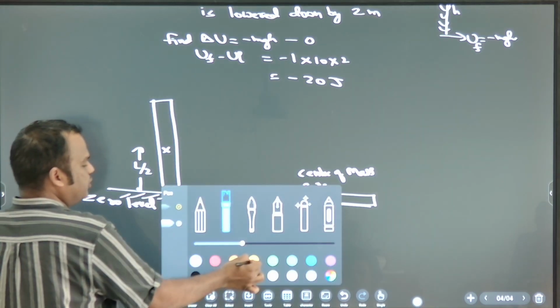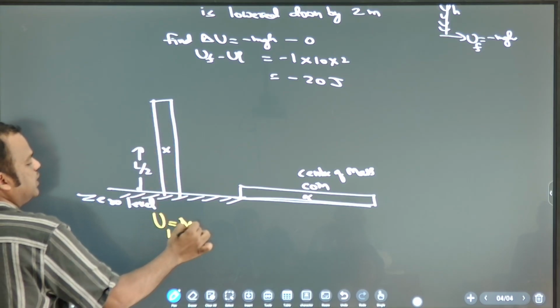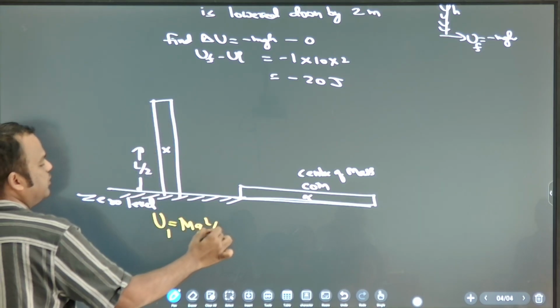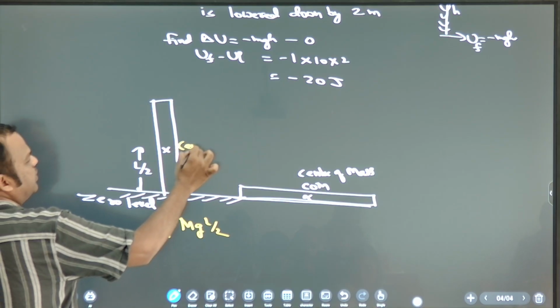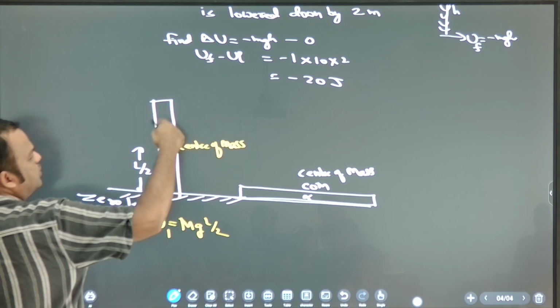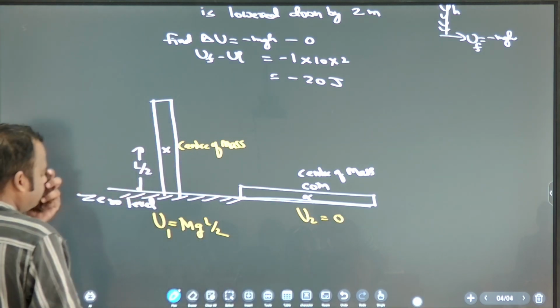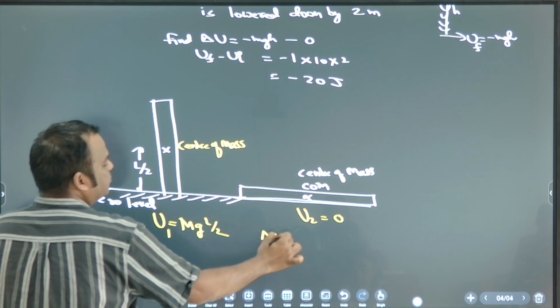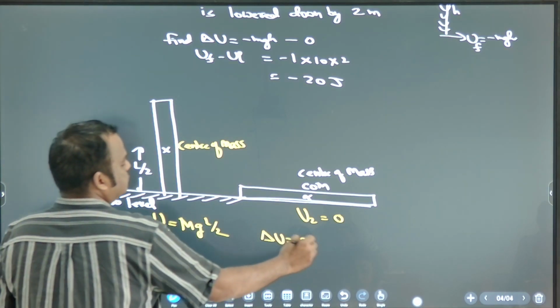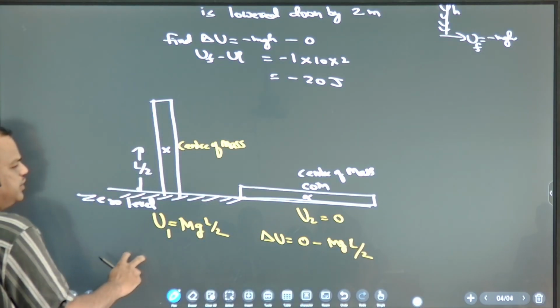So what is the potential energy now? mgL by 2 initially. For a rod you consider the center of mass. What is the final potential energy? 0. So what is the change in potential energy? 0 minus mgL by 2. Clear?